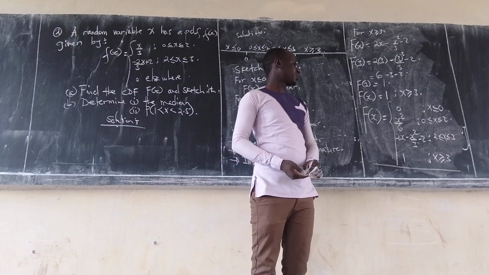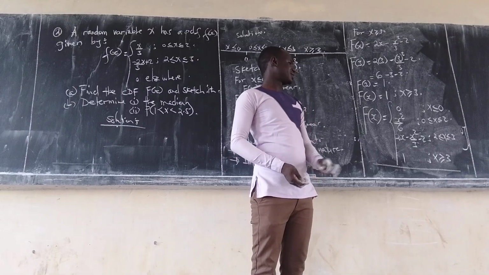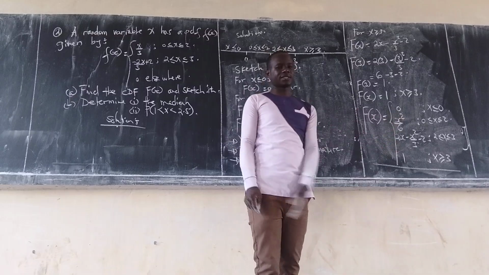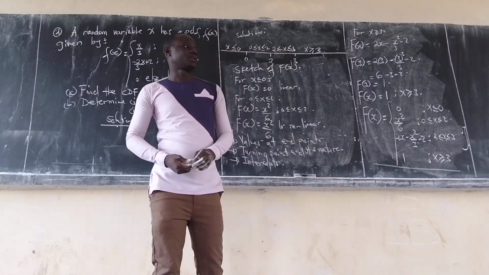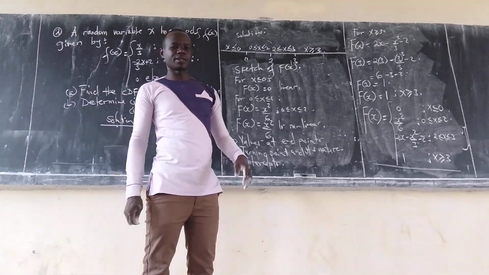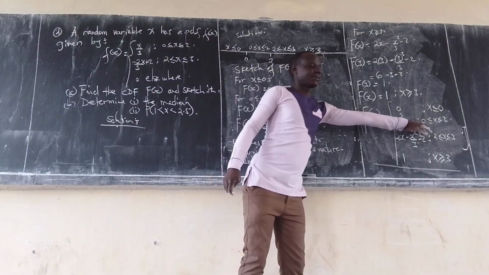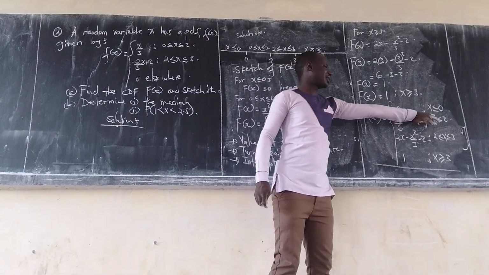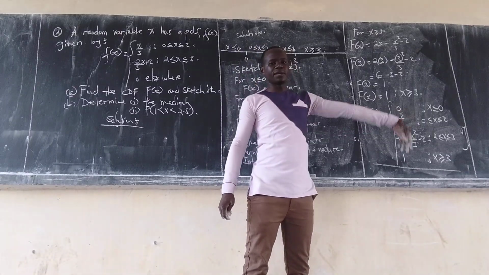When you substitute, you will realize it becomes 4 over 6, which is the same as 2 over 3, and 2 over 3 is greater than a half. So since 2 over 3 is greater than a half, it means the median interval is this. Therefore, small m lies here, and capital F of m is going to be a half.